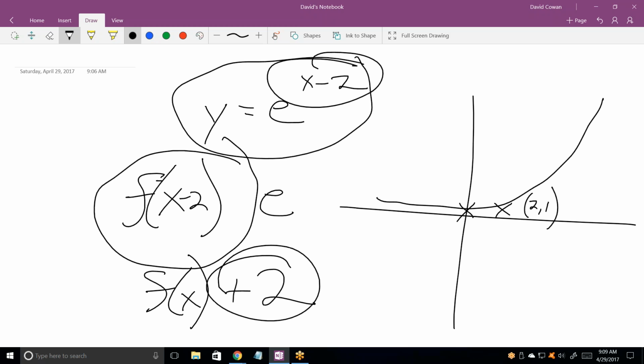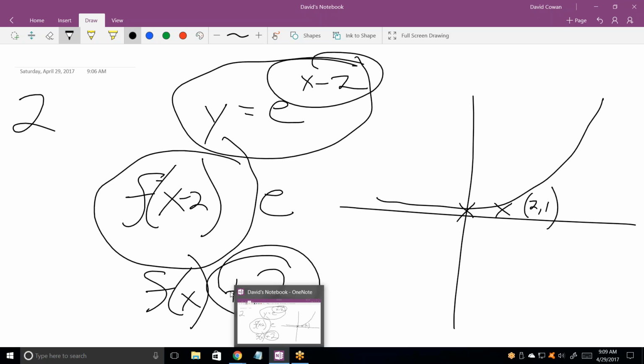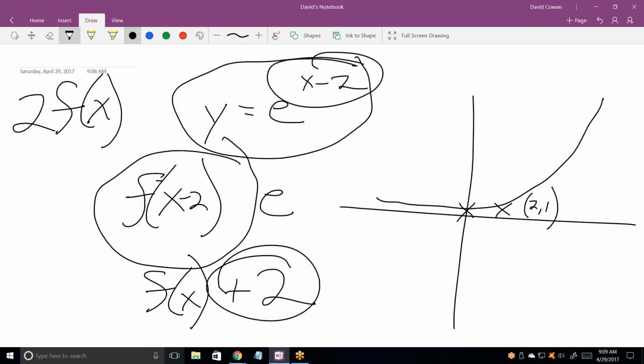That's a vertical shift. If I have 2 f of x, that's outside the function. That is a vertical stretch. But if I have f of 2x, that's inside the function. That's a horizontal shrink.